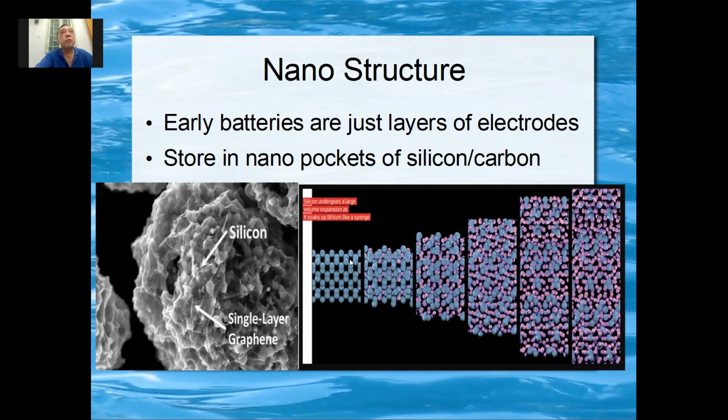But there's this problem: as the lithium starts packing in, the whole structure gets bigger and bigger. It's just like some of the things that absorb water, right? They use it to absorb water, and once it absorbs water, it becomes bigger and bigger in size.